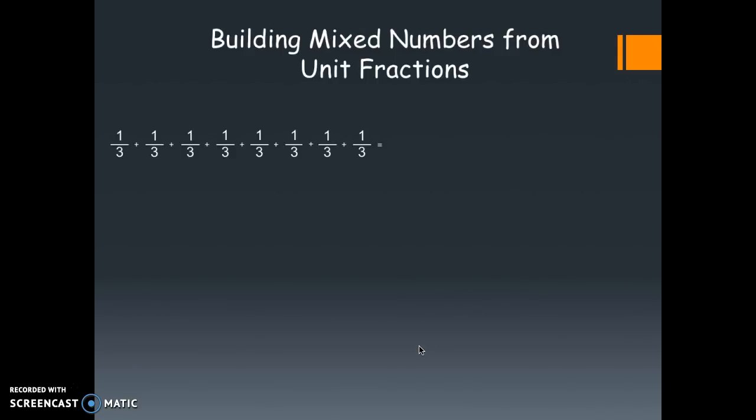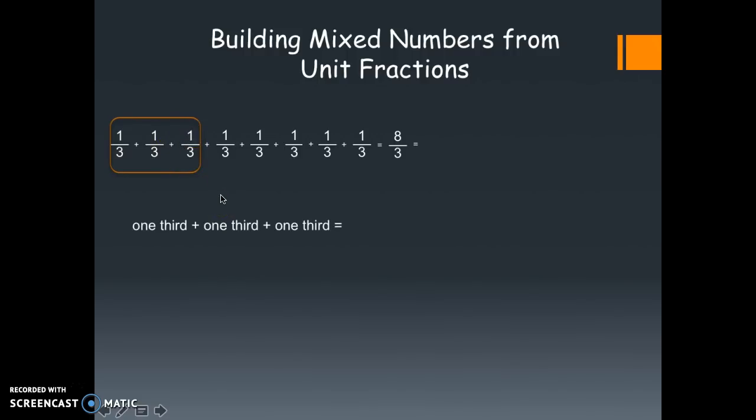So now, how do we build mixed numbers from unit fractions? So here we have 1, 2, 3, 4, 5, 6, 7, 8 thirds. When we add them all up, there are 8 thirds there. We learned that in our very first lesson. So if we group them into whole pieces, we know that it takes 3 thirds to make a whole. So there's one whole.